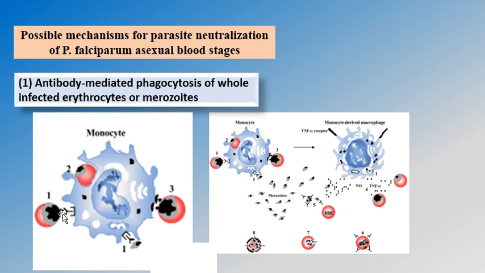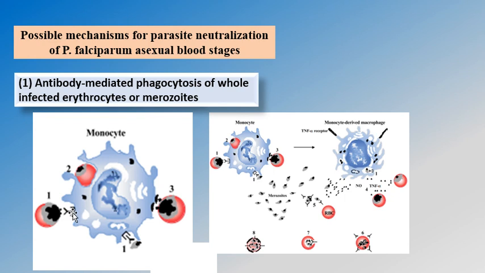These molecules are derived from the malaria parasite, and as you know, when the red blood cell gets infected, some molecules get expressed on the surface of the infected red blood cell, but these molecules are related to the malaria parasite and not to red blood cells. For example, Plasmodium falciparum erythrocyte membrane protein 1, PfEMP1.